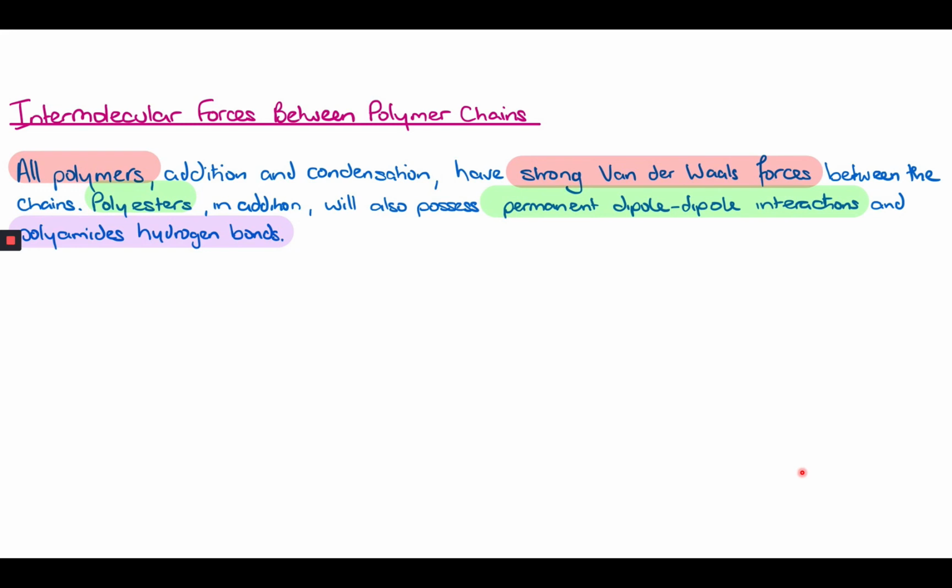But what we've also got now with polyesters and polyamides is that we have further intermolecular forces. So with polyesters, we've got the carbonyl group, so we're going to have permanent dipole-dipole interactions. And with the polyamides, even stronger, we're going to have hydrogen bonds because we've got the nitrogen and the hydrogen attached to nitrogen.